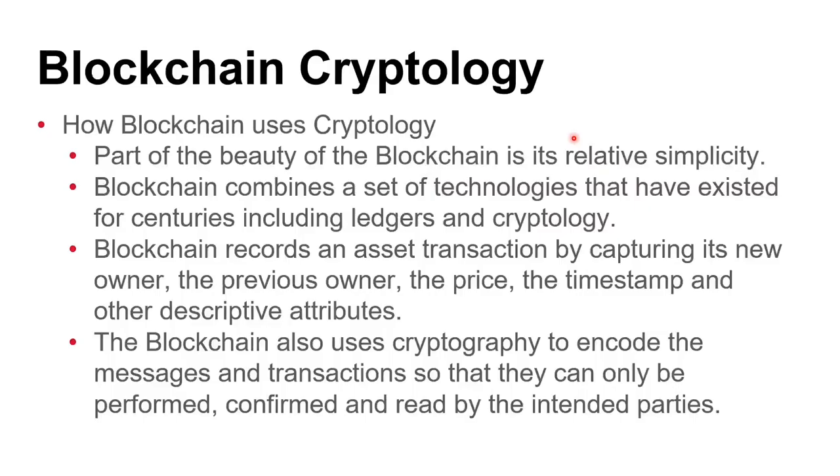We saw a lot of other attributes, right, in our block headers, information that was captured. The blockchain also uses cryptology to encode any kind of messages that can only be performed or confirmed and read by certain intended parties.